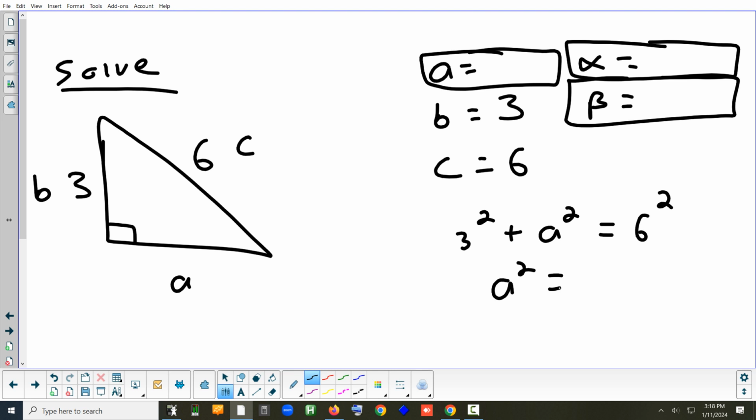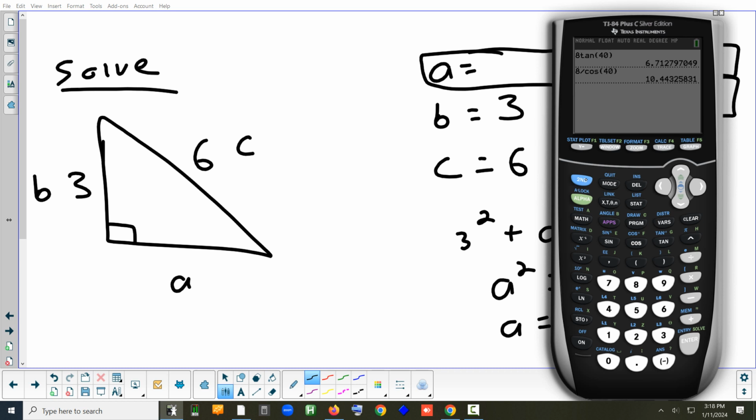So we get A squared equals, what's 36 minus 9? 27. And A is the square root of 27. It depends if they're going to ask for a decimal or not. I would say in this they're going to ask for a decimal, so I wouldn't worry about reducing that, even though you could. Let's just do the square root of 27. So 5.196.